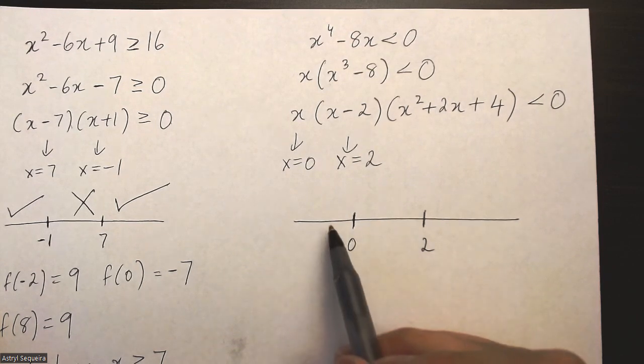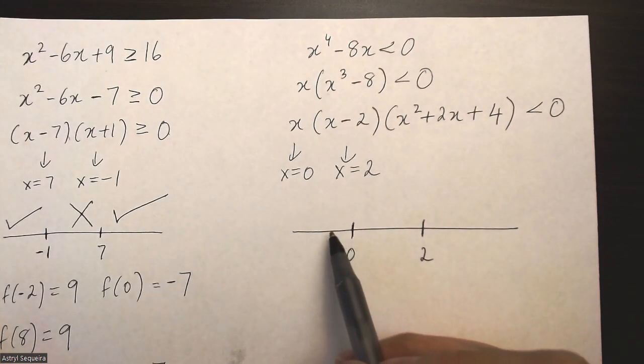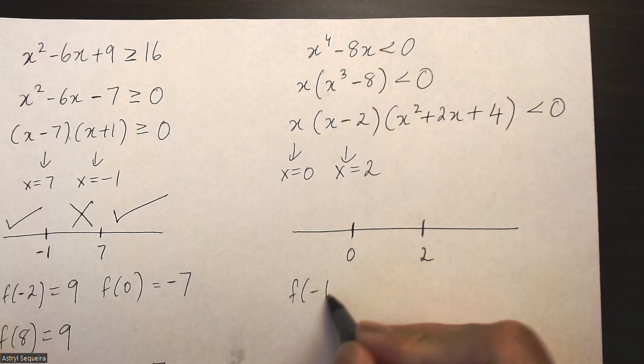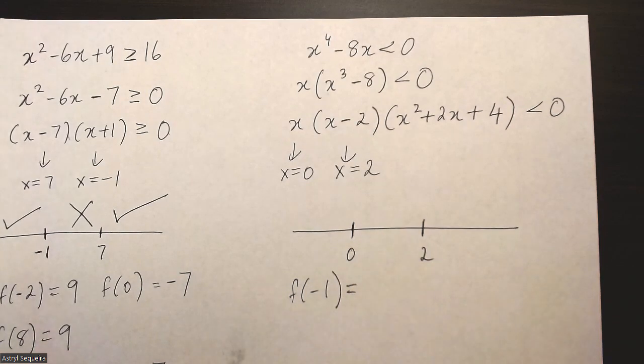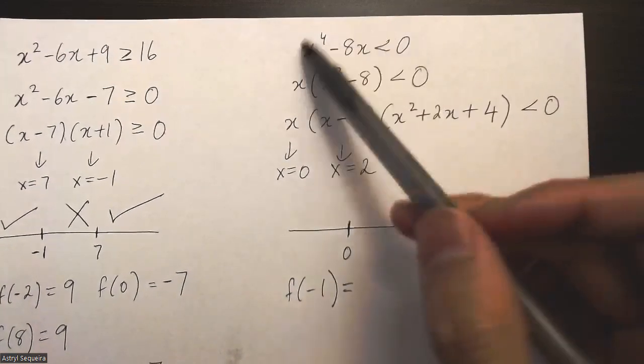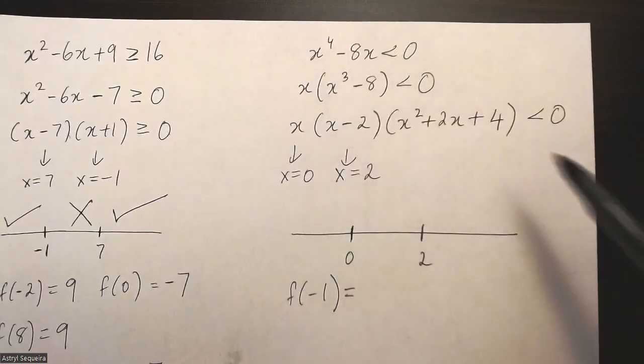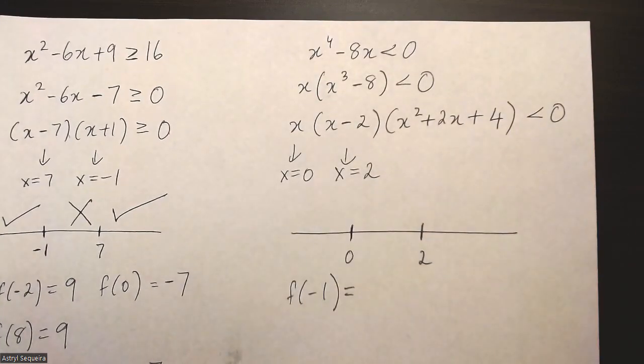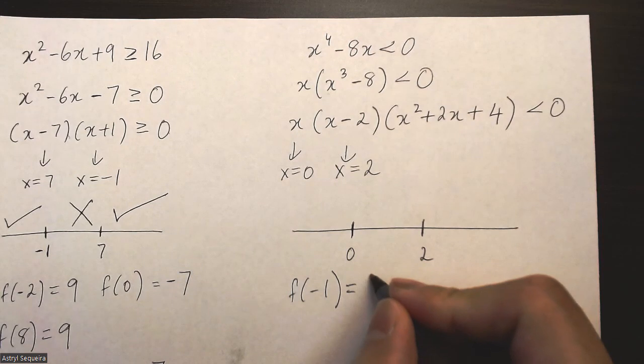So I'll start by testing the first negative range here. I'll test negative 1. And I'll put this one in the first equation because that's much easier to type in my calculator than the last one over there. So negative 1 to the power of 4 minus 8 times negative 1 is just positive 9.